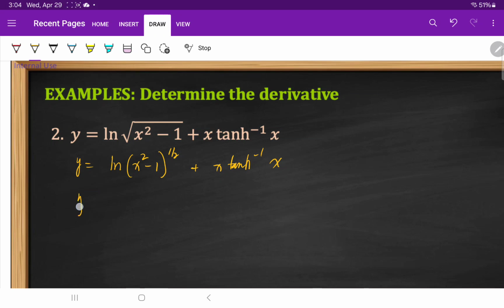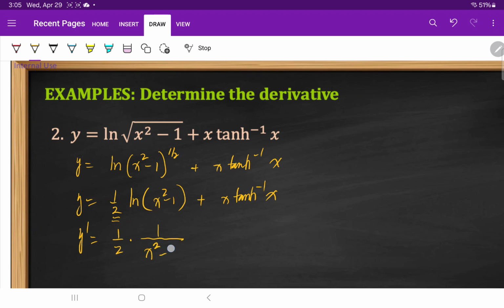Then we can bring down 1/2 because it's easier to differentiate if we simplify first using the laws of logarithm. So y prime now is, we copy 1/2, it's a constant, then the derivative of ln of x squared minus 1 is 1 over x squared minus 1 times 2x.